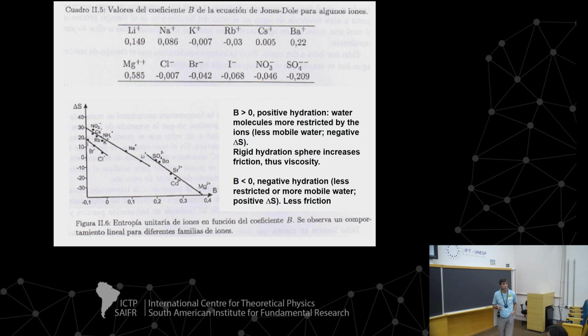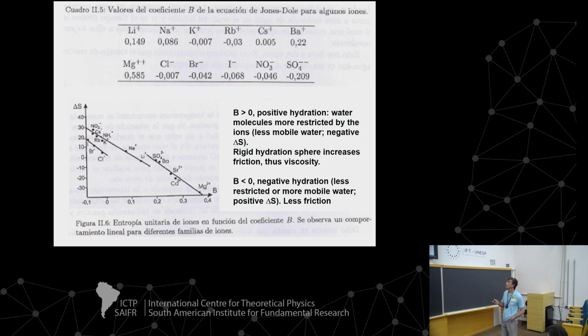So lithium is going to be very tightly hydrated. And this can be correlated also to the entropy of hydration, and ions of the same class usually show some linear behavior.